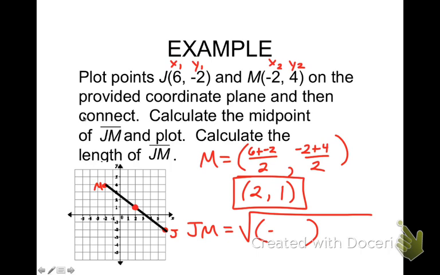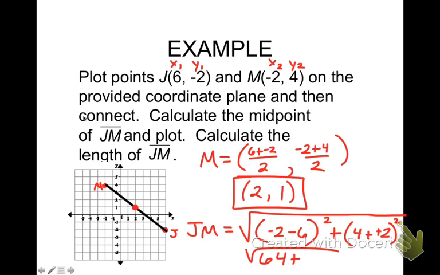Good. Negative 2 minus 6 squared plus, what's in the second set? 4 minus a negative 2, which really would go to a plus, right? Okay. Let's do some mental math. Negative 2 minus 6 is negative 8 squared.